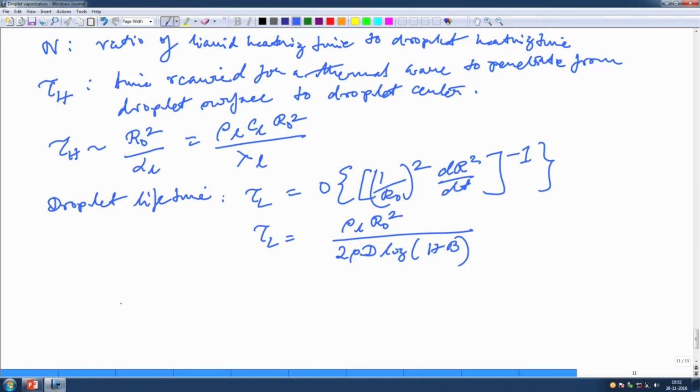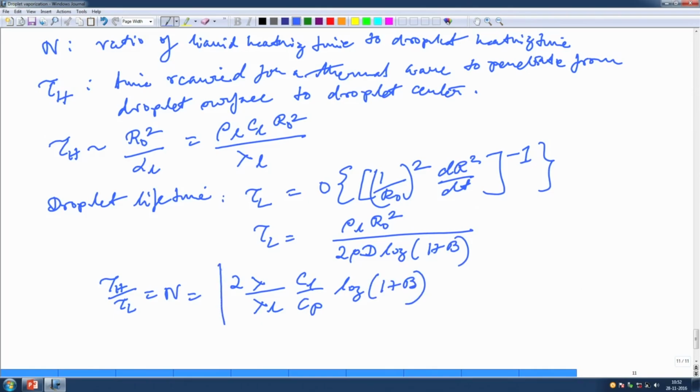So, if we take the ratio tau h by tau L, which is given as N, it is basically given by 2 lambda CL by Cp log 1 plus b. So, that is something that can be computed. So, that is the computation.